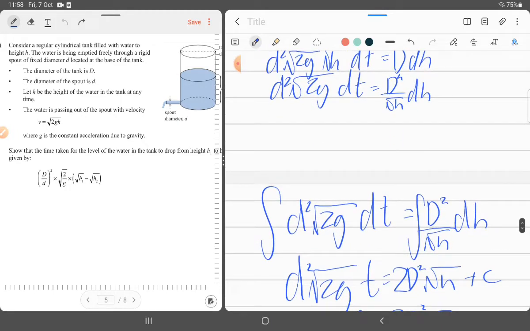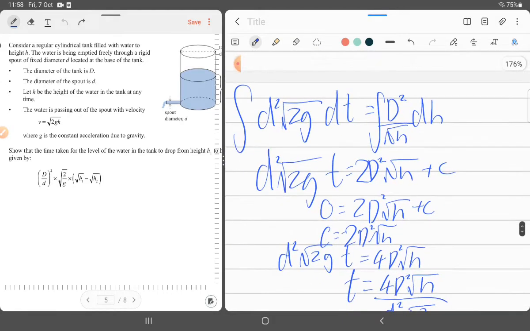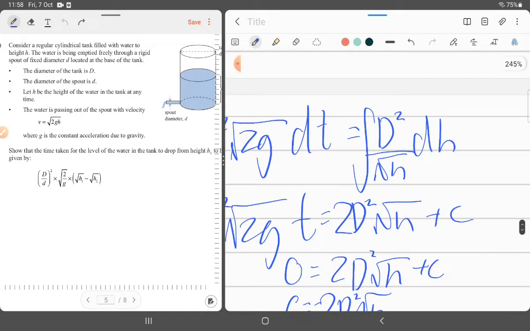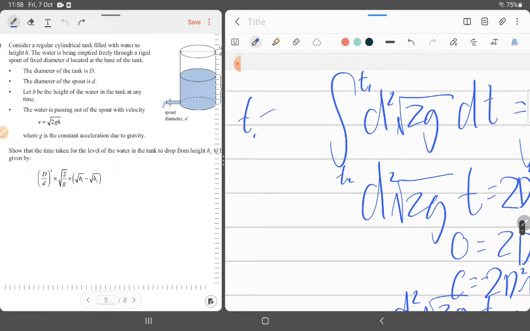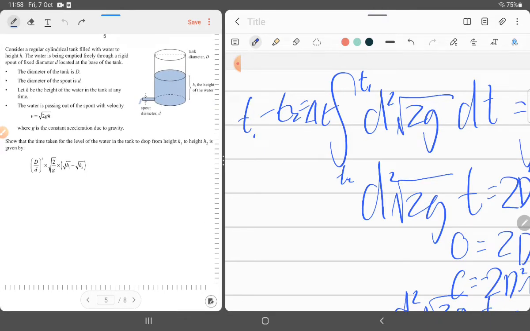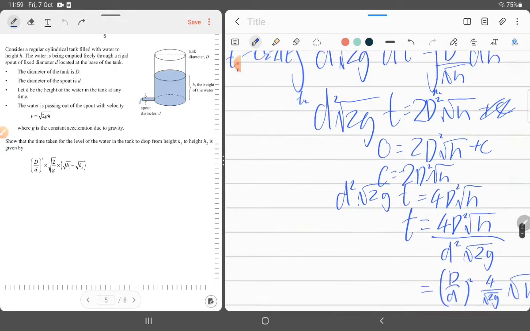Oh wait, no. Since we're considering from H1 to H2, and we're considering time 1 to time 2, time 2 take away time 1 is just the change in time, which is what the question is asking for. So there's no constant here.